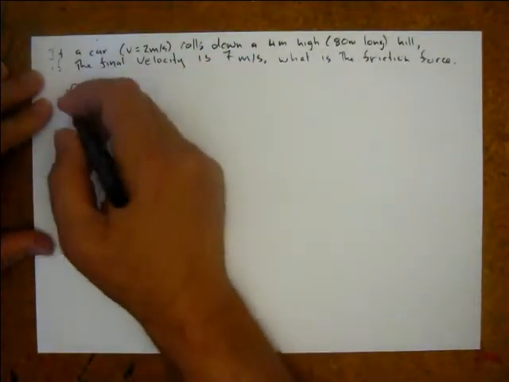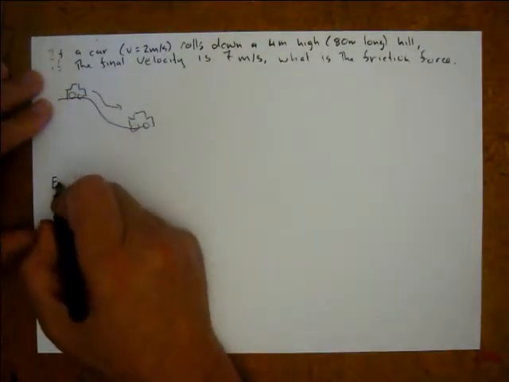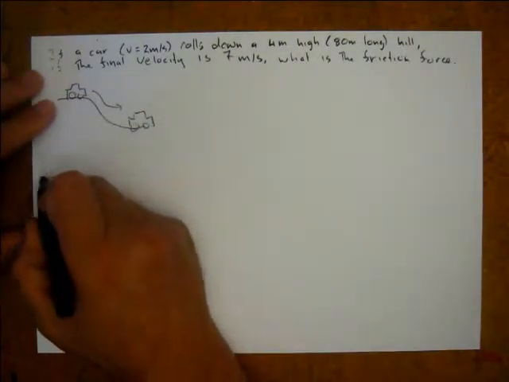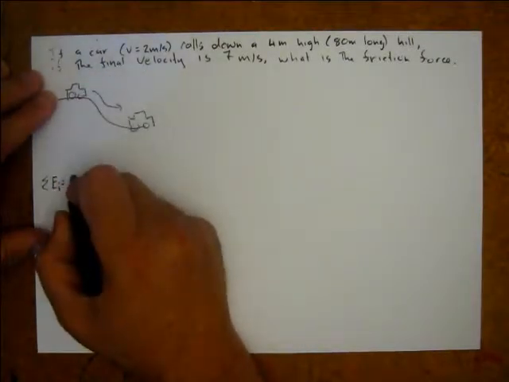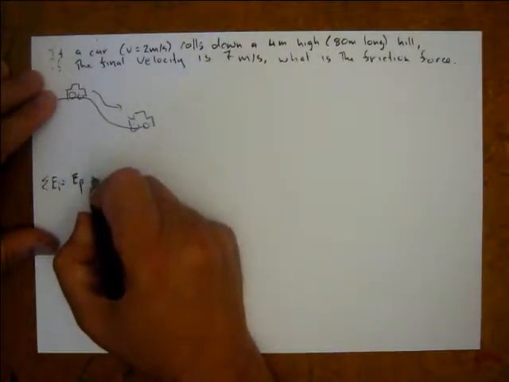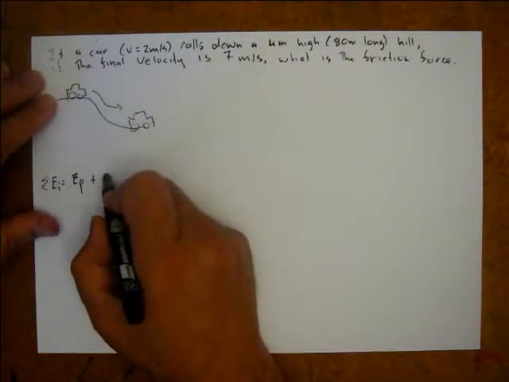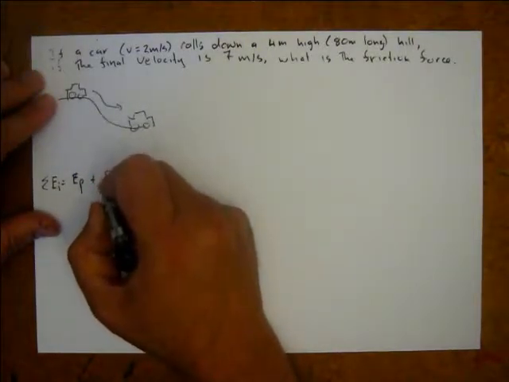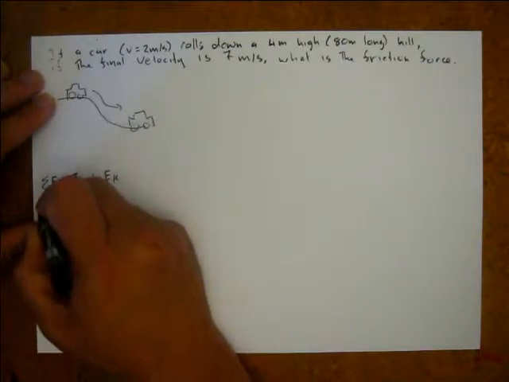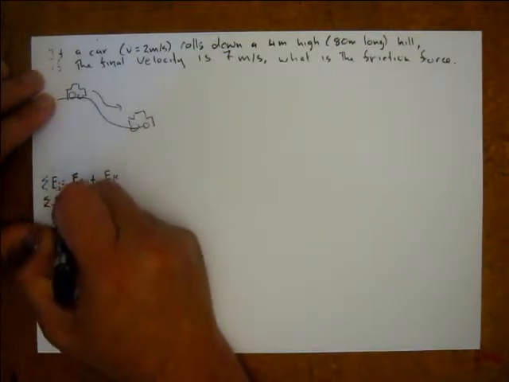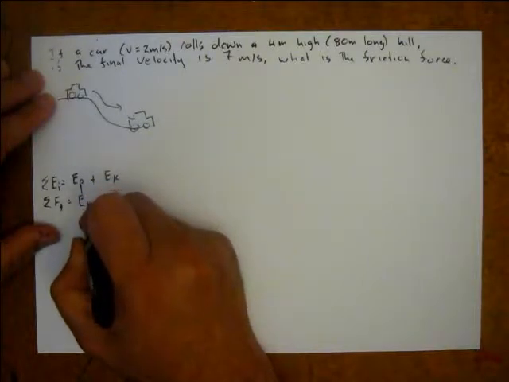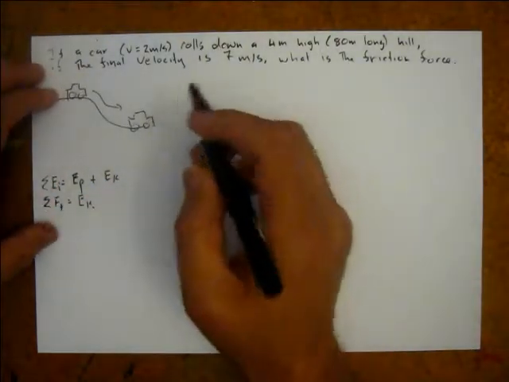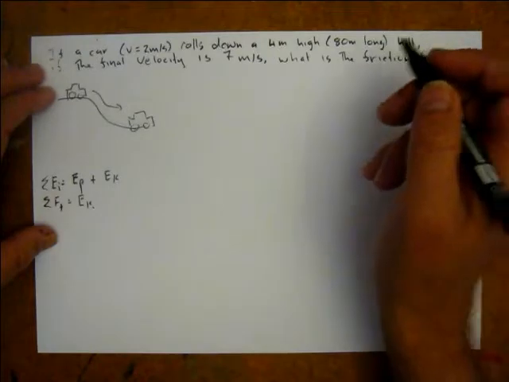Up the top, the initial energy is going to equal potential energy plus kinetic energy, and down the bottom E final is going to equal E kinetic. So let's work out how much energy there is at the start. Write down what we know.